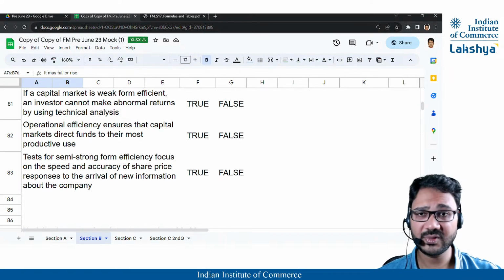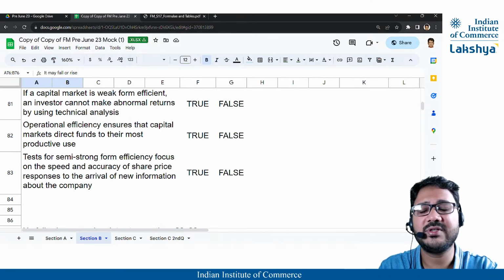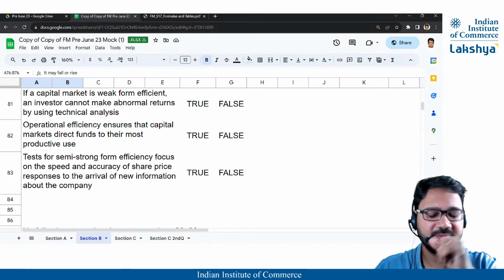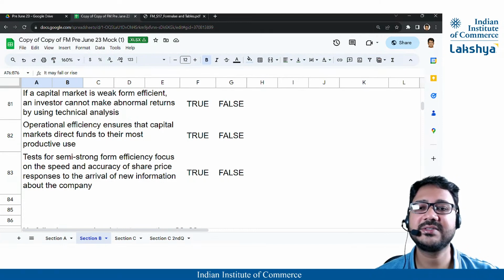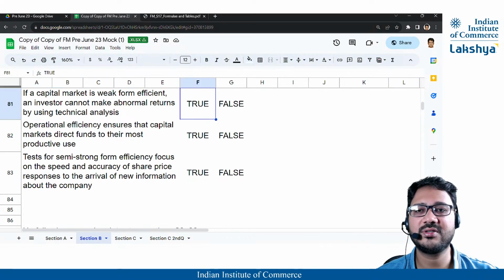In a weak market, we just discussed in A that fundamental analysis is useful and technical analysis is not, so this is true.